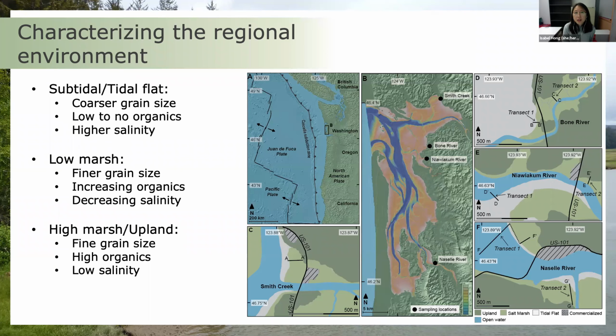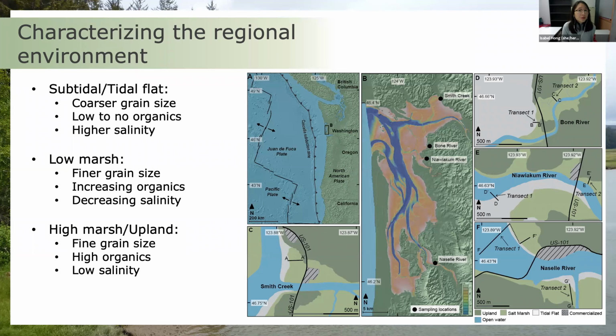Generally in the subtidal and the tidal flat environment, we found low to no organics, and salinity was really high. As we transitioned into the low marsh environment, we tended to see that grain size decreased, became more fine, the amount of organic materials tended to increase, and salinity began to decrease.